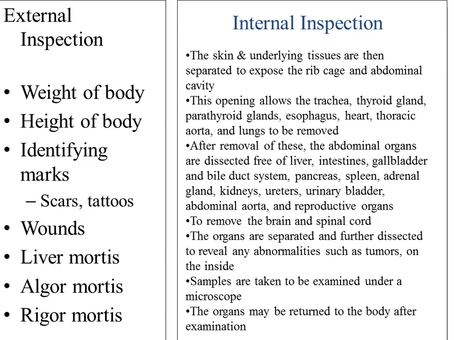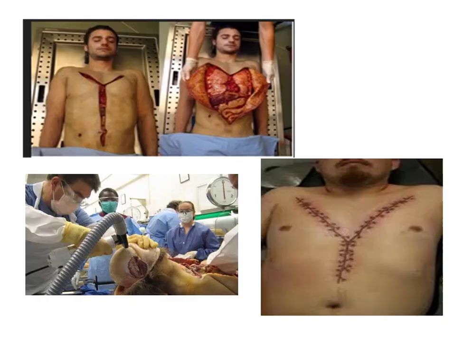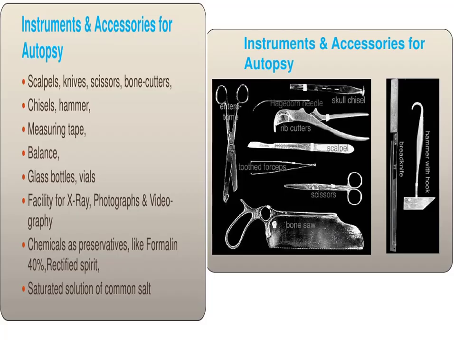From all organs, we must take a small sample of tissue with visual pathology or just parenchyma. The organ may be returned to the body after examination. Here you can see the autopsy procedure. On these slides, we can see the main instruments used by pathologists.